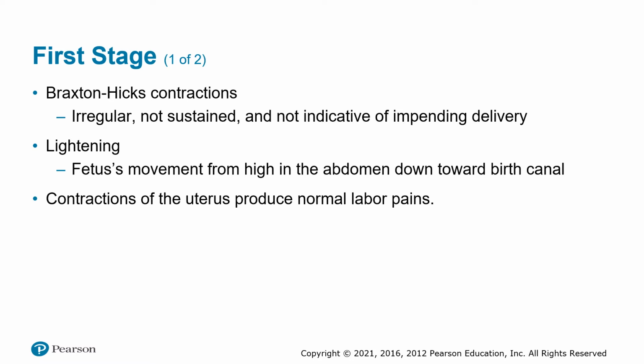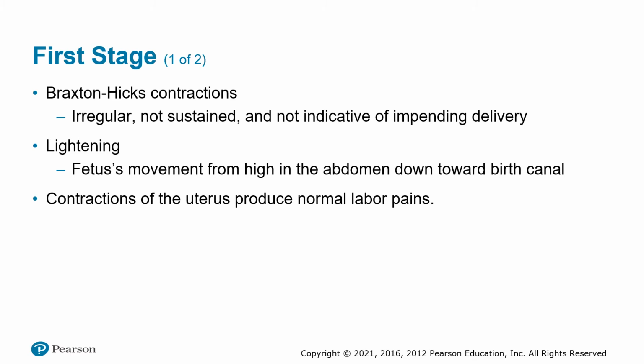In the first stage, you can also have Braxton Hicks contractions. They are irregular, they're not sustained, and they're not indicative of impending delivery. Basically, they are practice contractions. The body is saying, hey, I am getting ready to deliver this baby, so I'm just going to have these Braxton Hicks contractions.